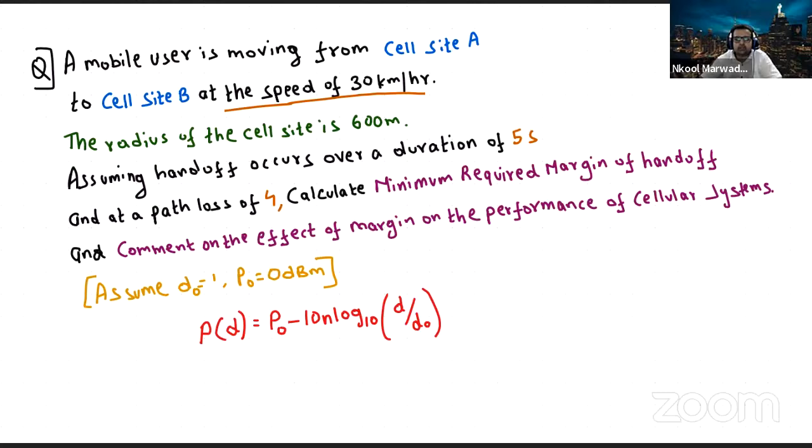Small d is the distance from the base station at which we are receiving the power. See, what is P(d)? P(d) is the received power at distance d.